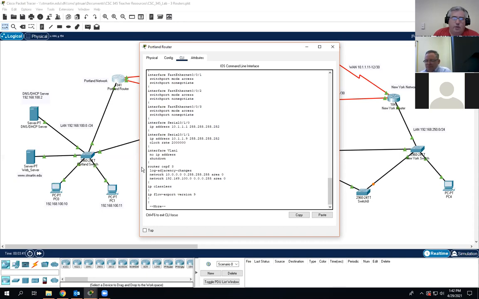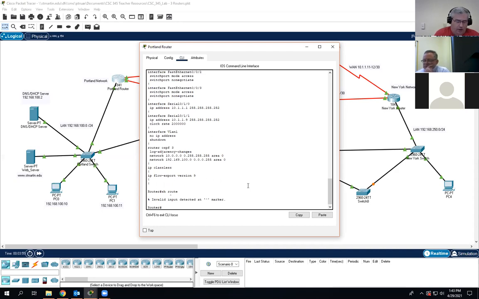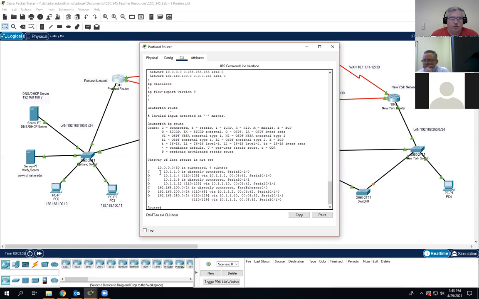Now, the way routing protocols work is they have this table that they formulate by talking to the other routers. And if you do a show route, or show IP route, excuse me, it will actually show you what is in its table. And it found all of these different routers.